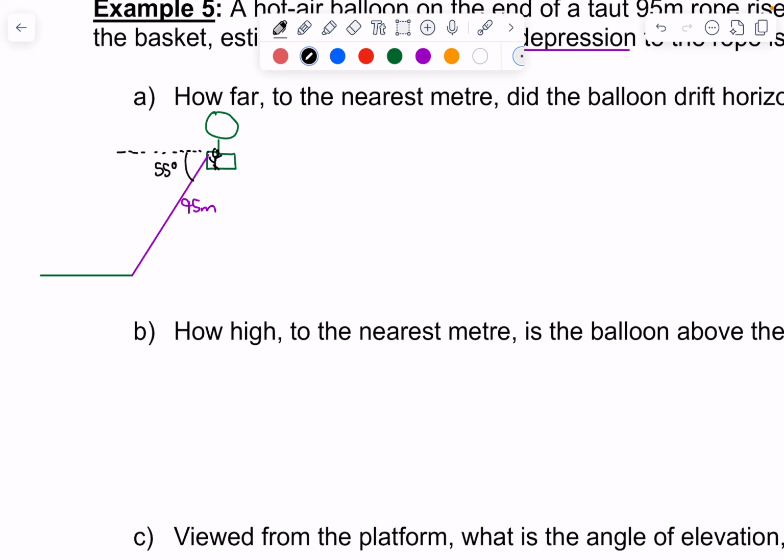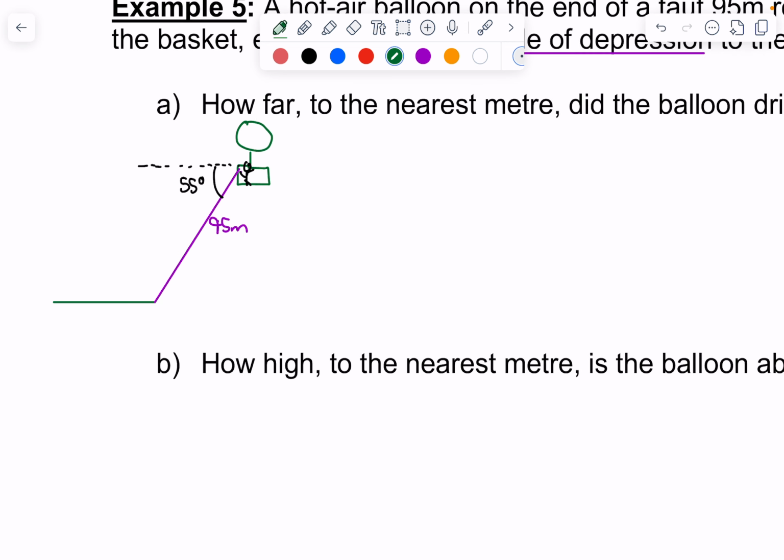If the balloon was right over the platform that you started from, if this was Sabrina here, and this is your reference, if she was right on top of it, she would look down and see the platform. She would be at 90 degrees, right? Like looking straight down. So I knew that it was off to the side just based off the given angle of depression, okay?